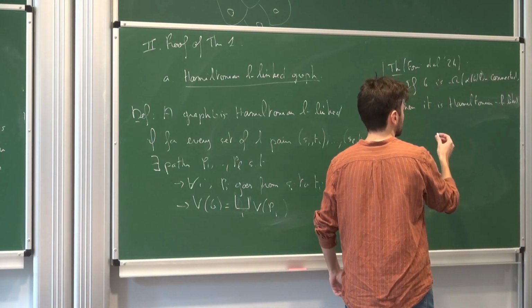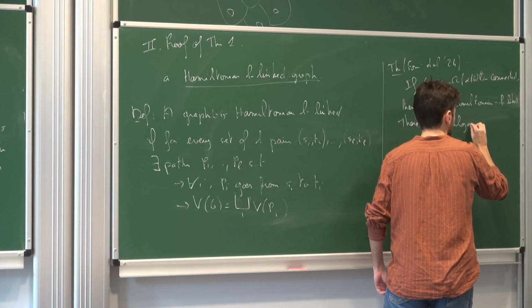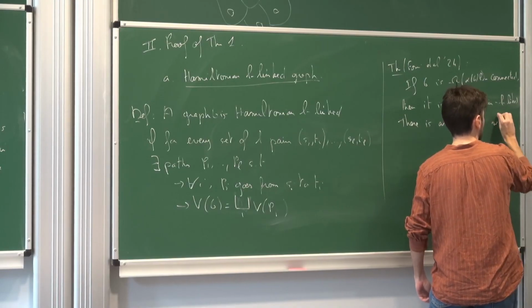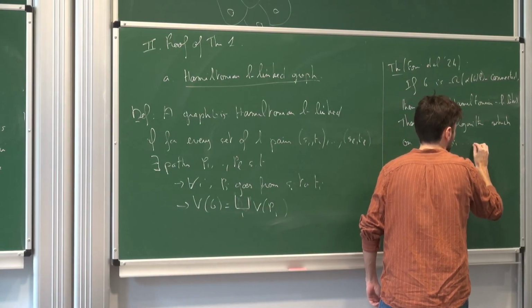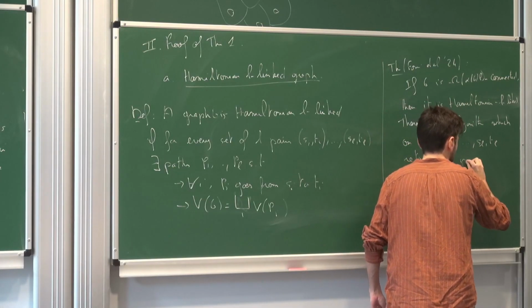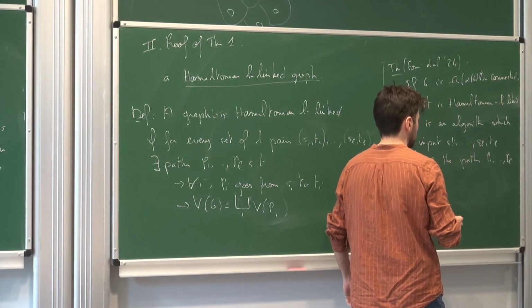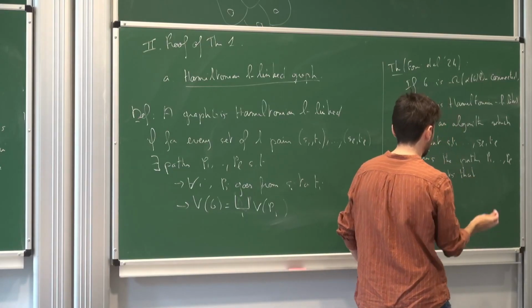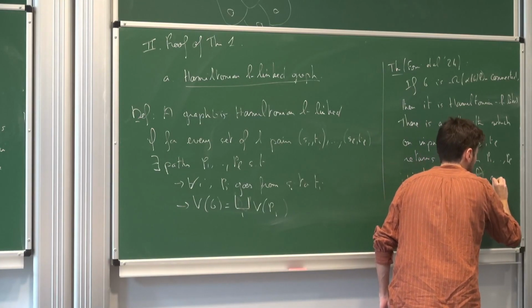So there is an algorithm which on input S1, T1, up to SL, TL returns the paths, verifying this condition, or outputs that alpha is at least some bound, in time f of alpha of G and L times a polynomial.